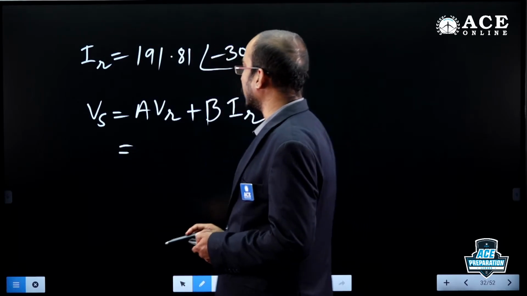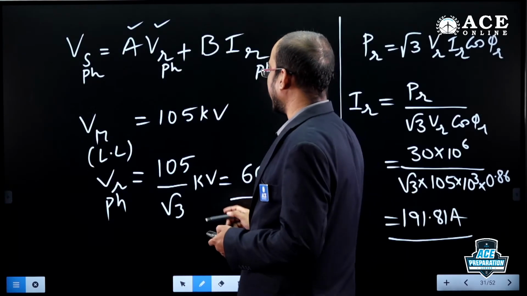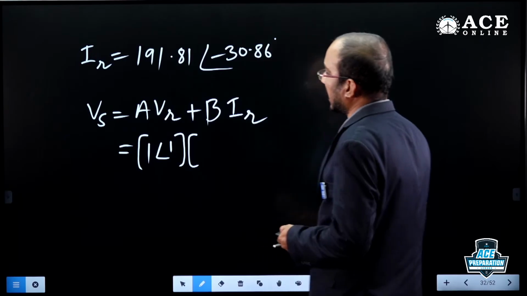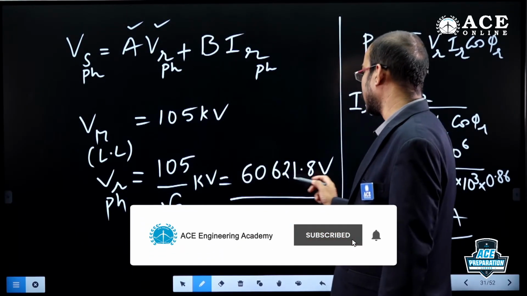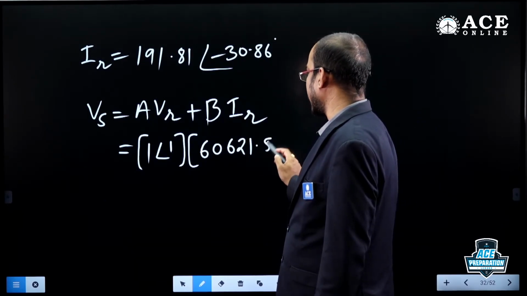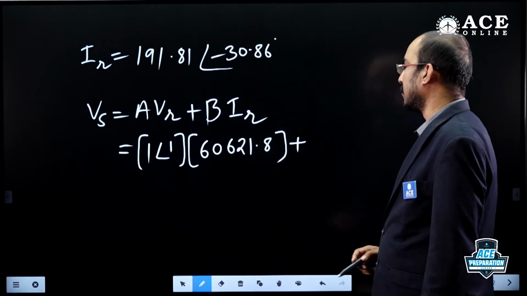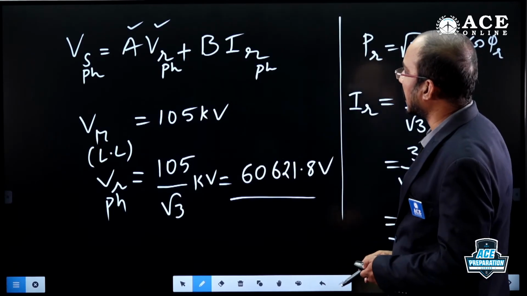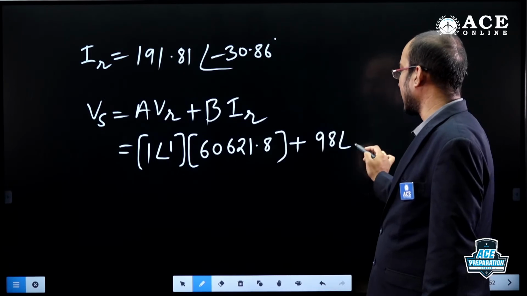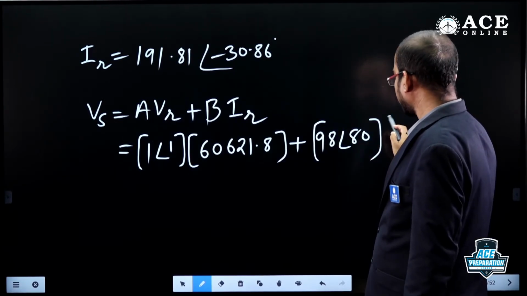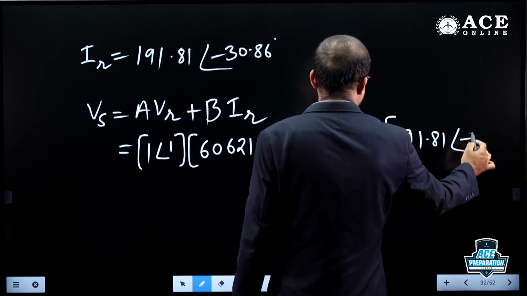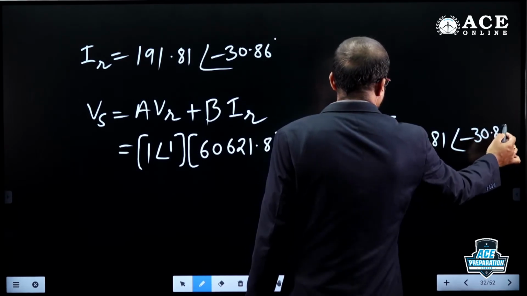A is given in the question as 1 at an angle of 1 degree, and VR phase value is 60621.8 volts, plus the B value, 98 at an angle of 80 degrees, into IR, which we calculated as 191.81 at an angle of minus 30.86 degrees.